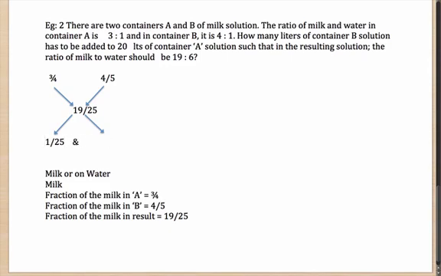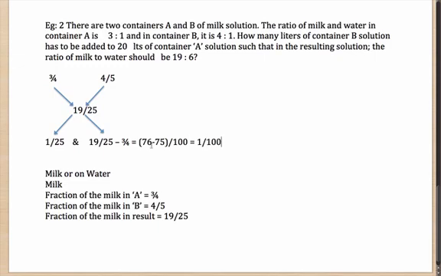And what do I have for the second part? I have 19 by 25 minus 3 by 4. How much does this come out as? Well, the LCM in this case is 100. 19 into 4 is 76. 25 into 3 is 75. 76 minus 75 by 100 comes out as 1 by 100.